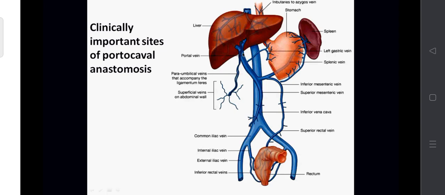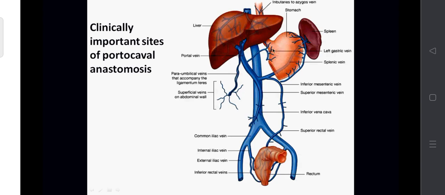In such conditions, there will be backflow of blood into the portal vein and from the portal vein into its tributaries, that is the splenic vein and the superior mesenteric vein and other smaller tributaries. In such conditions, the blood which is going back from portal vein to the tributaries will open up the collateral vessels at the sites of anastomosis.